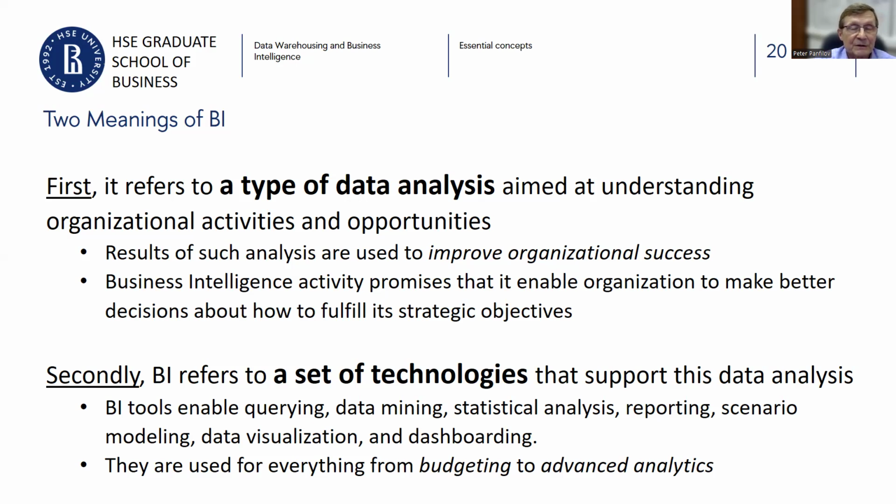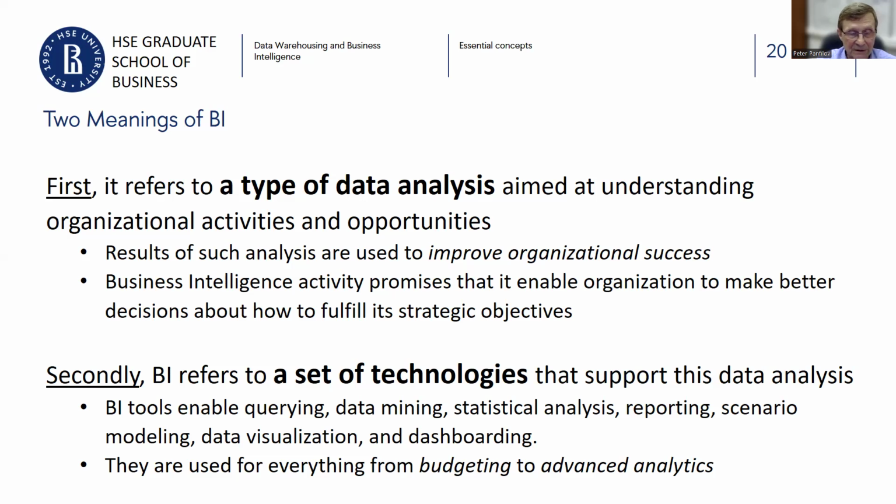But business intelligence in the literature, we usually consider as two important things. First of all, we're talking about a very special type of data analysis, which is aimed at understanding business processes, organizational activities, and business opportunities.